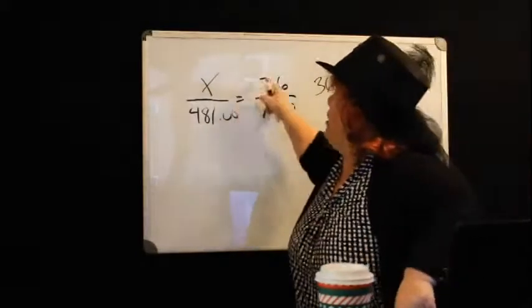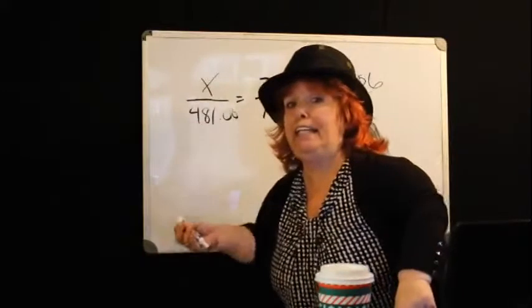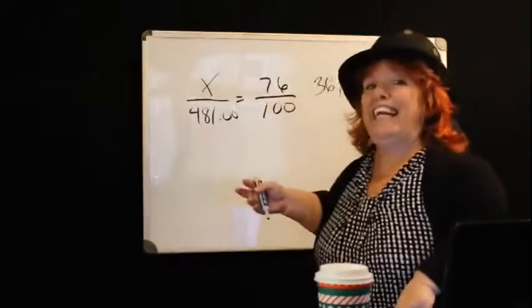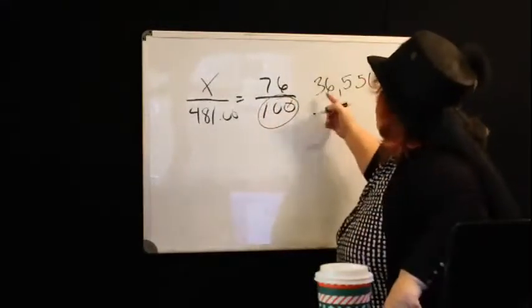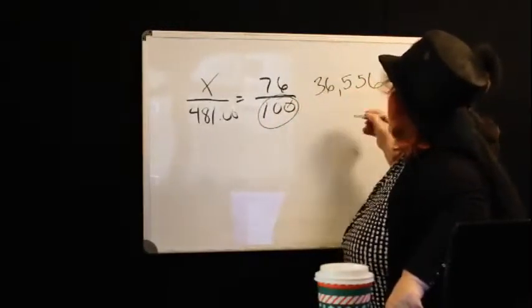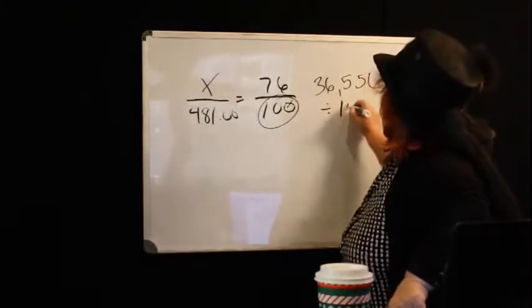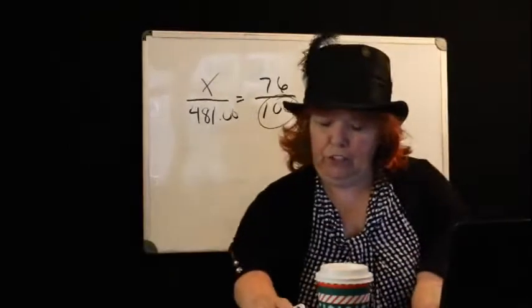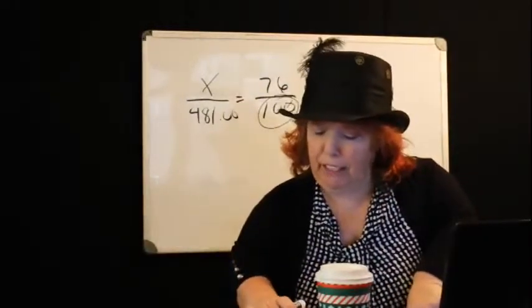Now what am I going to do? Remember, I cross-multiplied, and then I need to divide by the remaining number. What number did I not use? It was the 100. So the 36,556 is divided by 100. And again, you can do this simply by just moving your decimal point, or you could use your calculator.